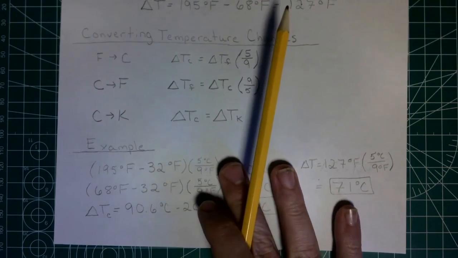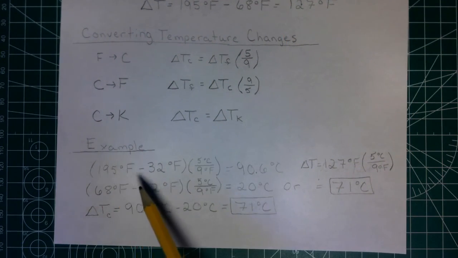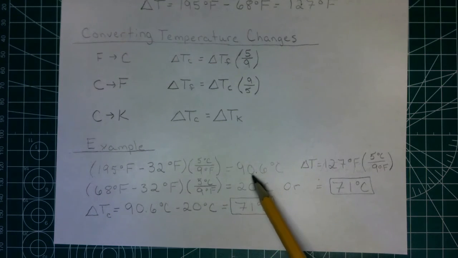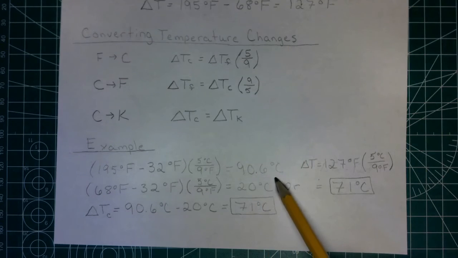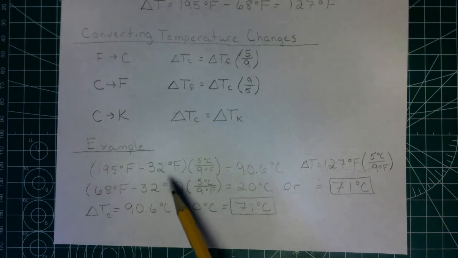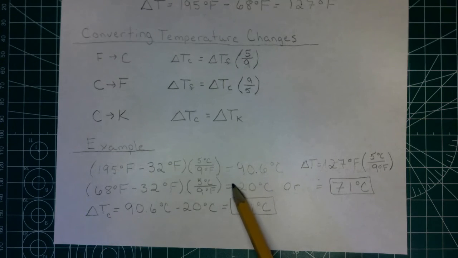If I take 195, subtract 32, and multiply by our conversion factor, I see that that is equal to 90.6 degrees Celsius. I take the 68 value, do the conversion for that, and see that that is equal to 20 degrees Celsius.